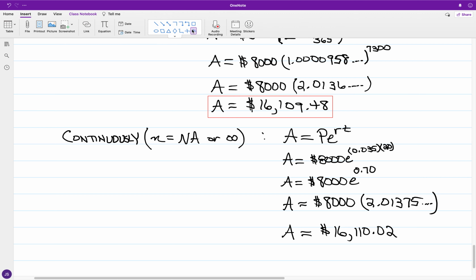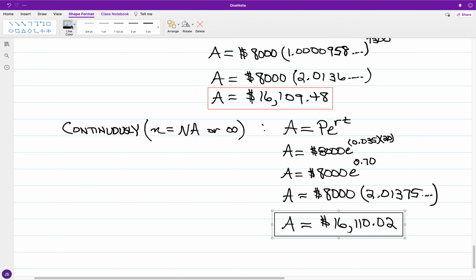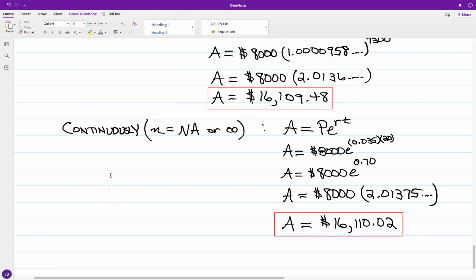The amount of change percentage-wise is virtually negligible. All right, so this is one case in looking at the compounding of interest, from annually all the way out to continuous compounding.